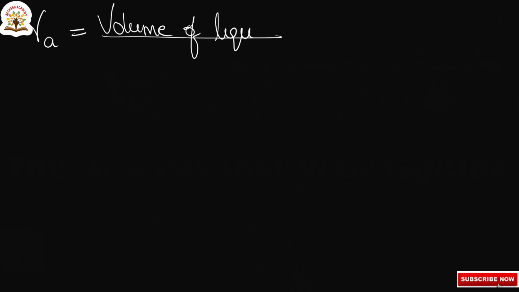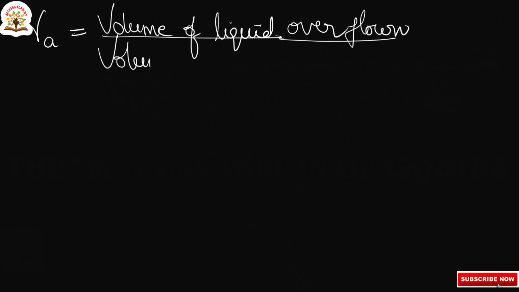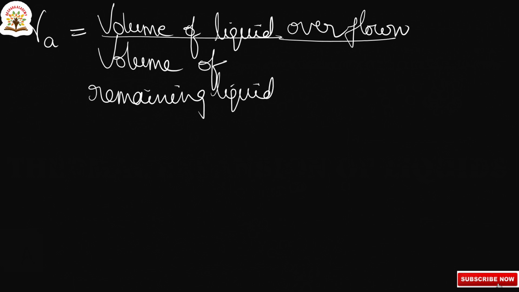Gamma A is equal to the volume of liquid overflown by the volume of remaining liquid into the temperature difference.